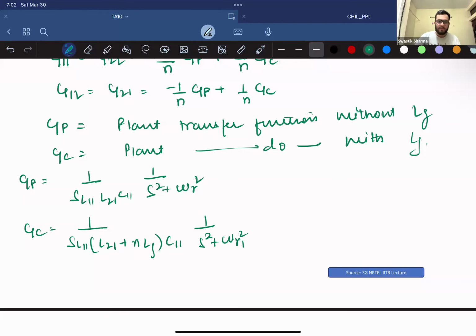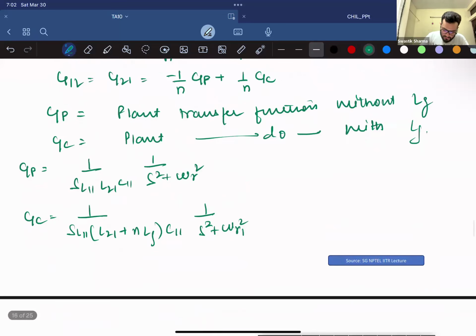And omega R and omega R1 were your resonant frequencies for both the conditions, right?